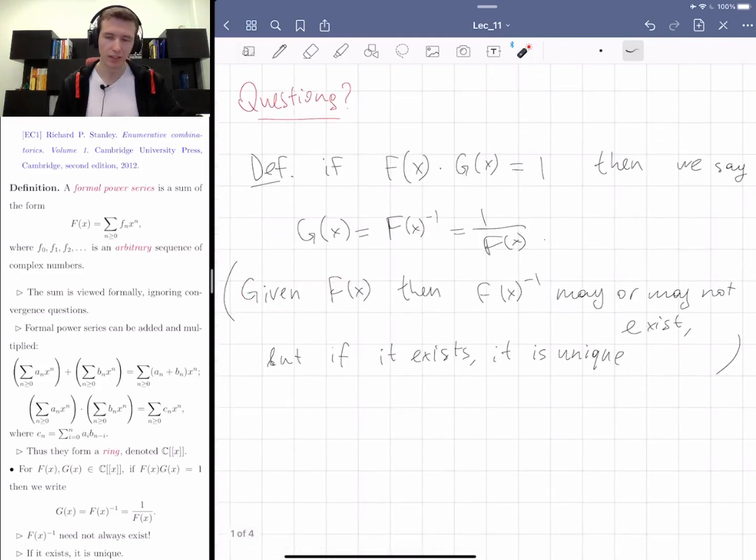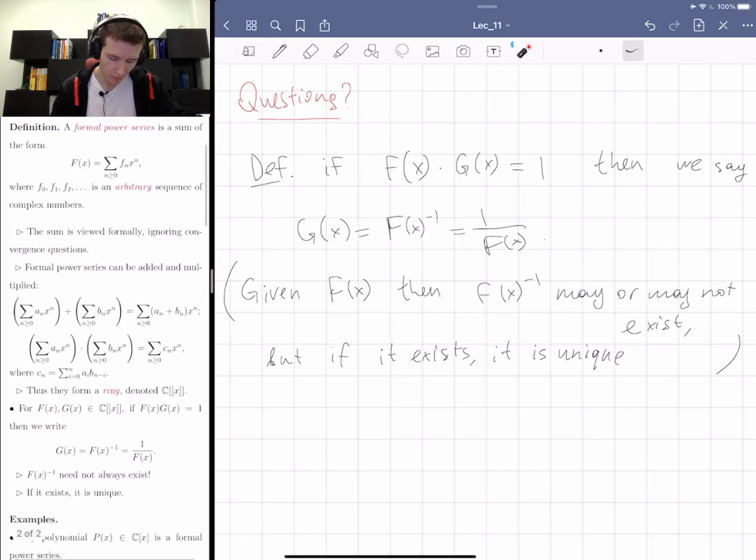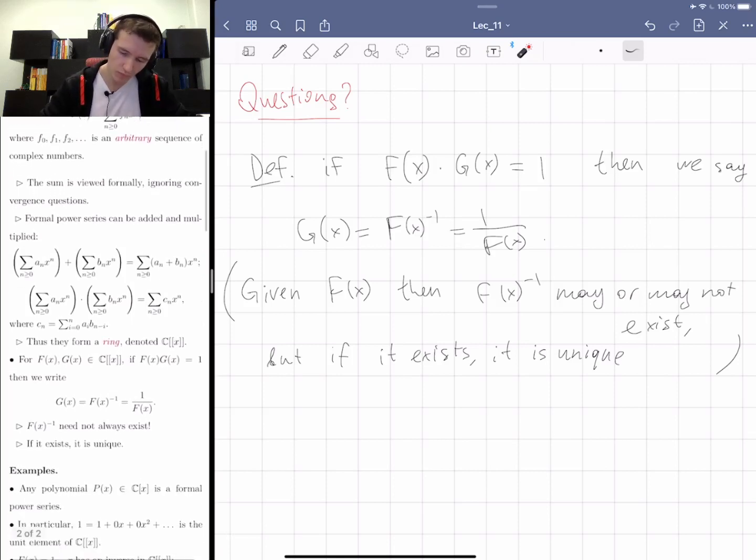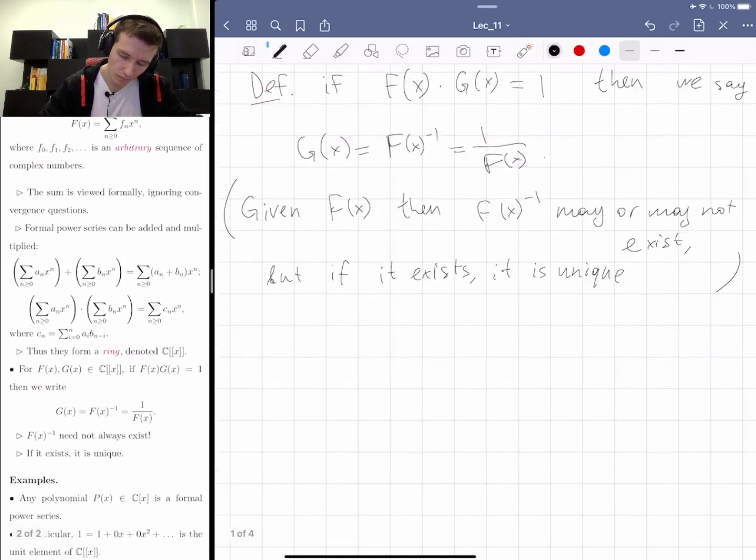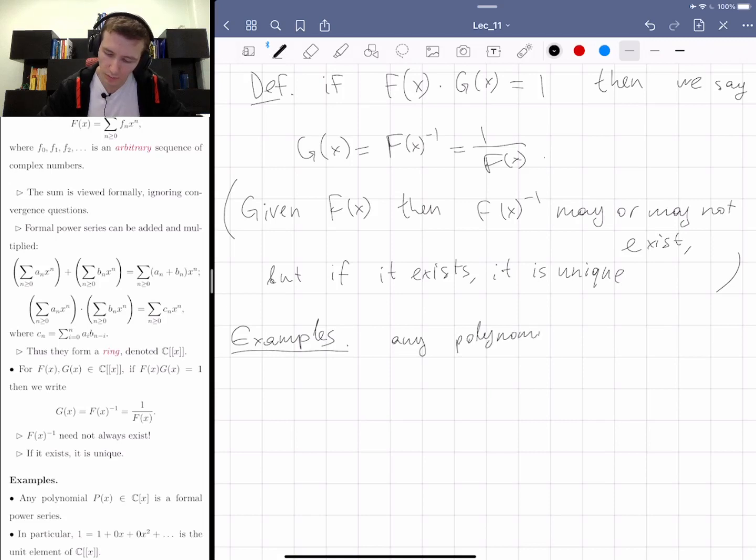And let me try to give you a couple of examples. So first of all, as I mentioned, any polynomial p of x, if you take a finite sum, is a special case of an infinite sum, a formal power series.